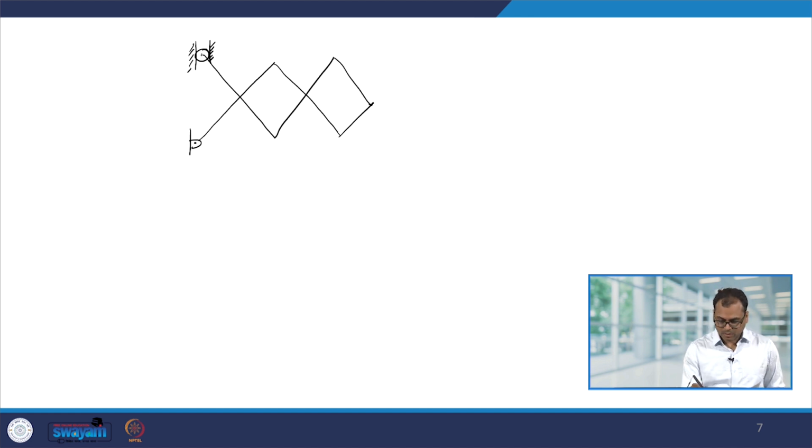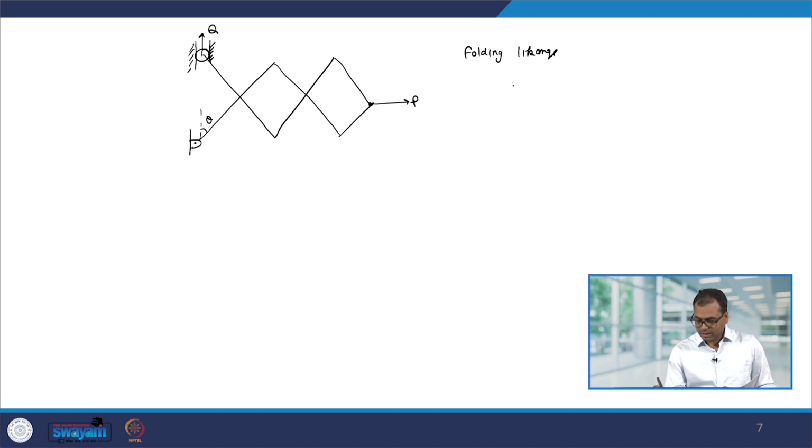Let us say you have a force in that direction and you apply a force in this direction. Now, this is nothing but a folding linkage. Again, with a single coordinate theta, I can define where this link is.